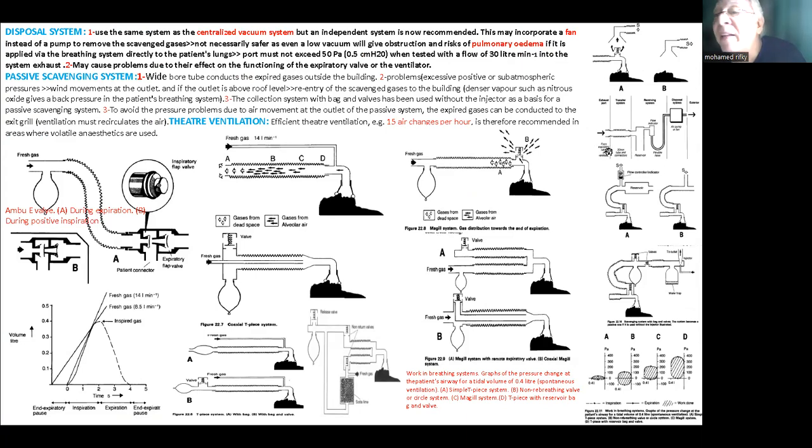We have a disposable port, and then we have a receiving system, as we can see, and we have a cylinder, and then we have a disposable system. This disposable system is made of a fan or a pump to remove the exhaust of the inhalation anesthetic outside the system.